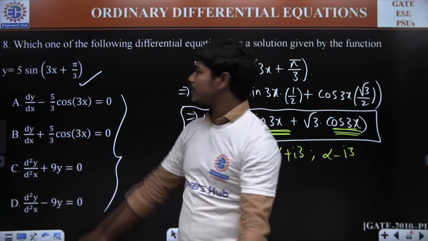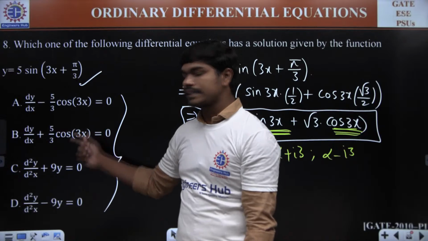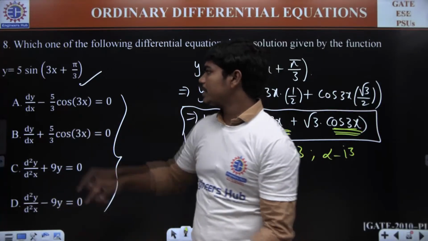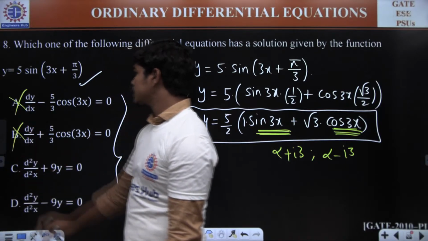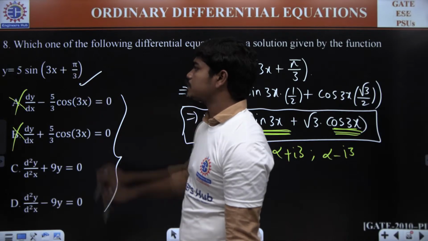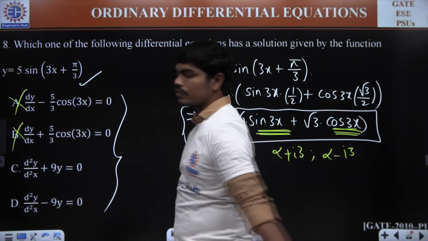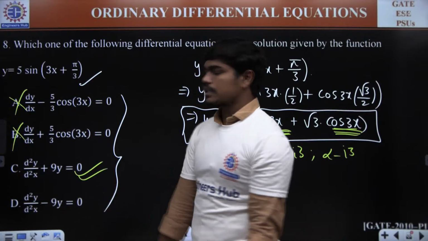When you differentiate only once, this 3x plus pi by 3 should be there inside the cos, but we have only 3x. So both A and B are wrong, because if you differentiate only once, you should have 15 into cos of 3x plus pi by 3, which is not there in any of these options. If you differentiate for the second time, definitely you will get this as the correct option.